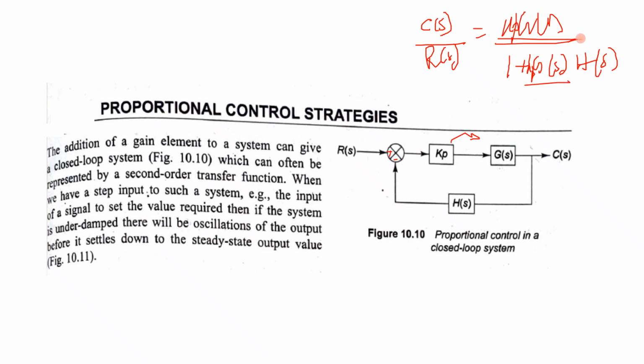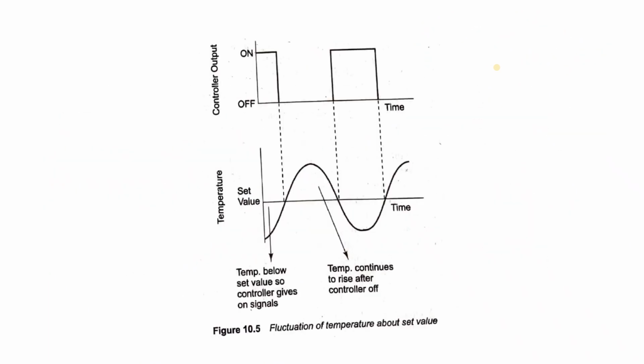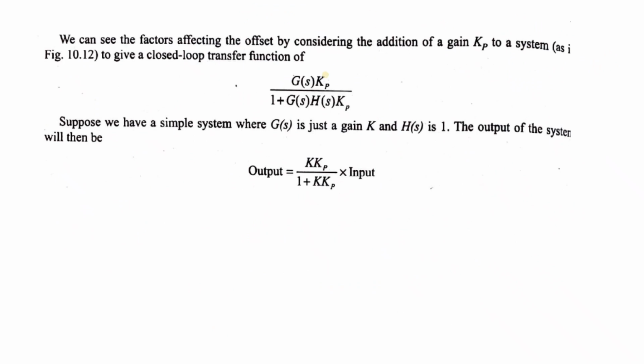Now since Kp is multiplied over here, Kp will be in the numerator and in the denominator. Now it is Kp G(s). So the numerator is Kp G(s) by 1 + G(s)H(s)Kp. Kp is the gain of the proportional controller.